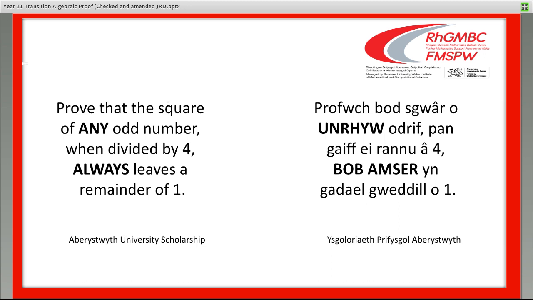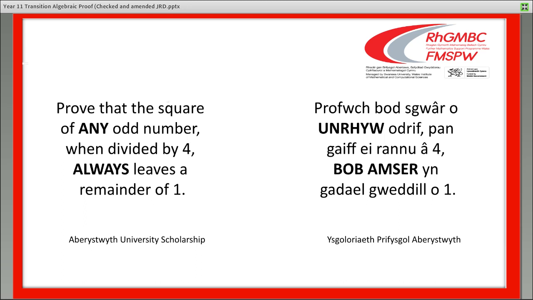So we're used to doing that in primary school, and it just builds up from there. Now, what makes this a scholarship question is that because it's a proof, we need to use algebra. And once that algebra kicks in, that's where the proof comes in. So that's what we need to do.